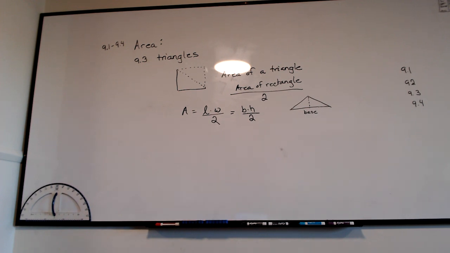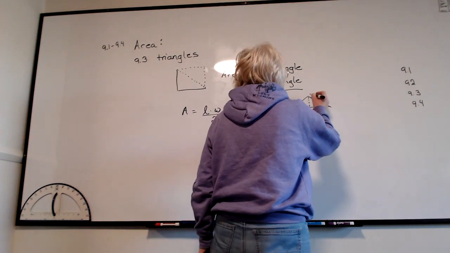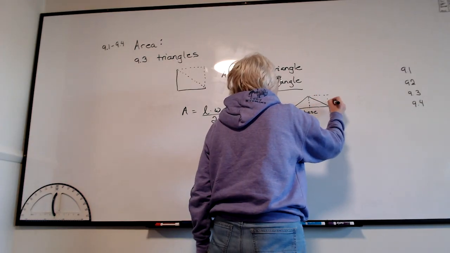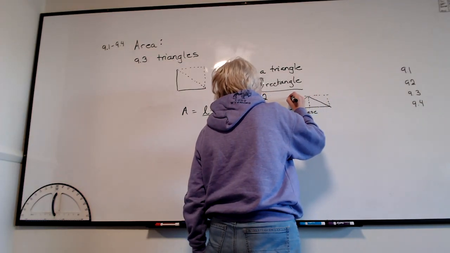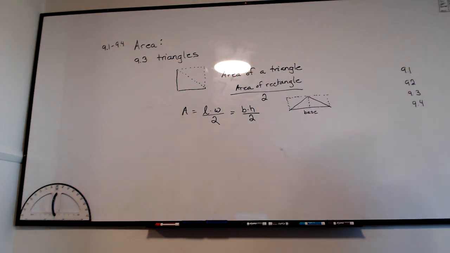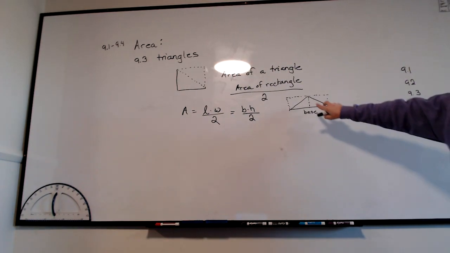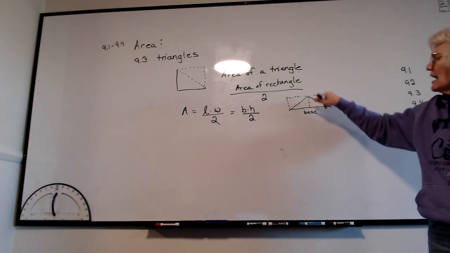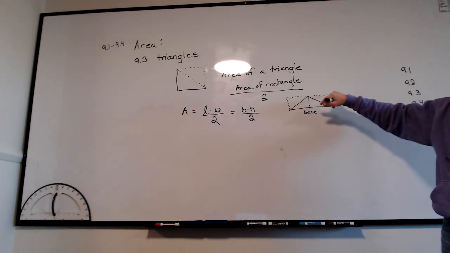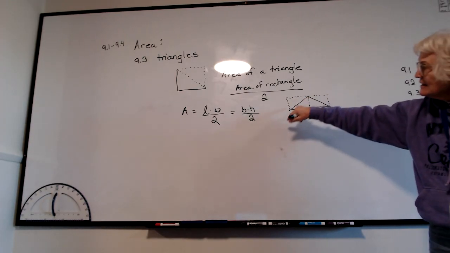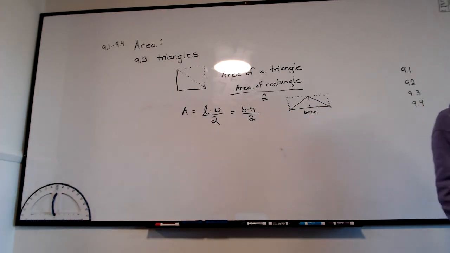Okay, now what's kind of interesting about this is a right triangle. Do you notice that I can take these two halves and put them here, and I have a rectangle, and this triangle is just half of that.